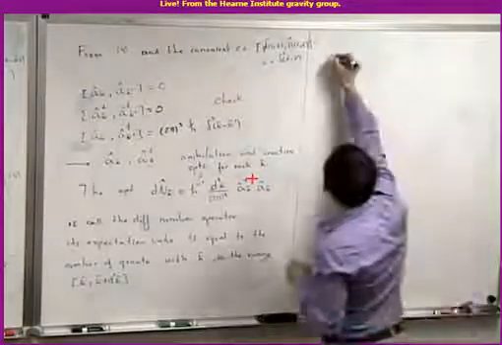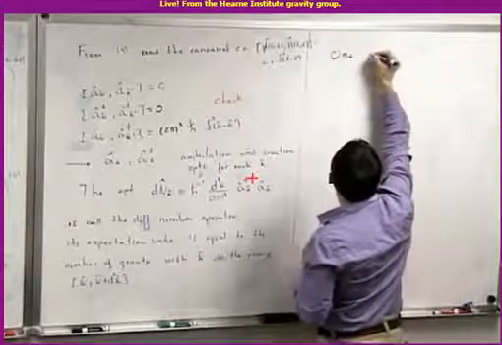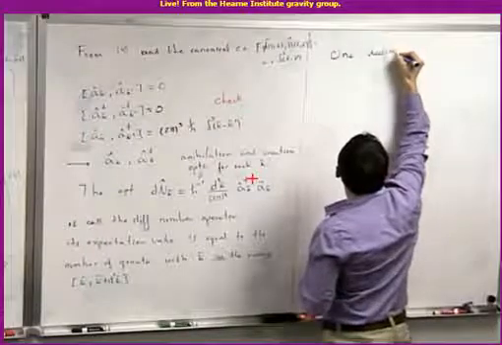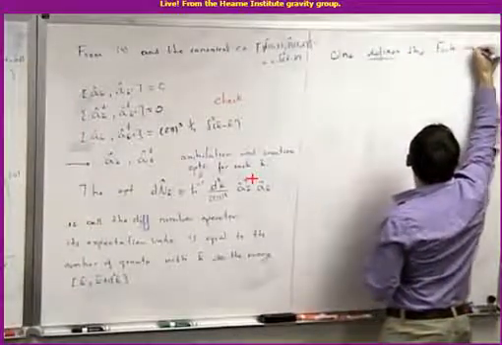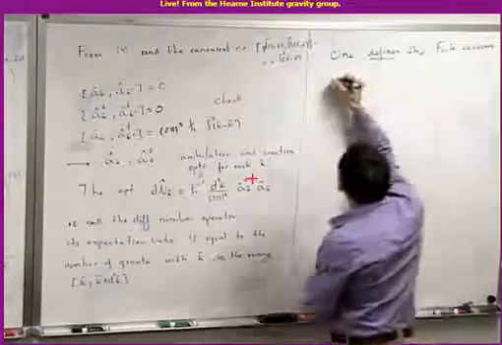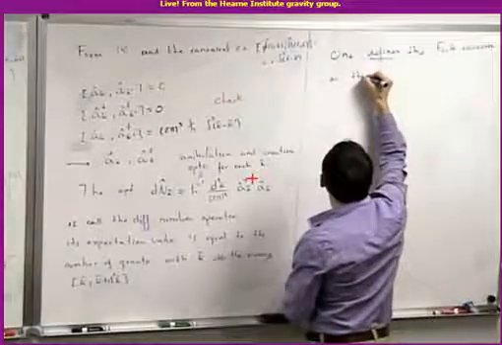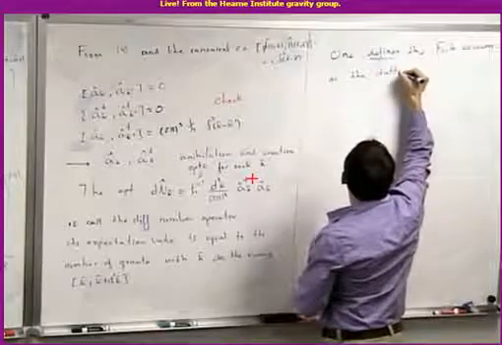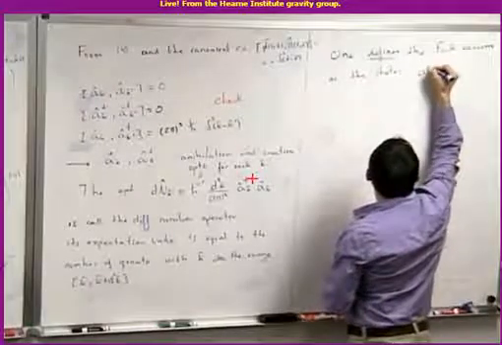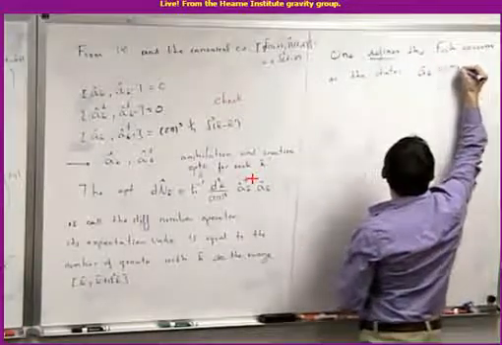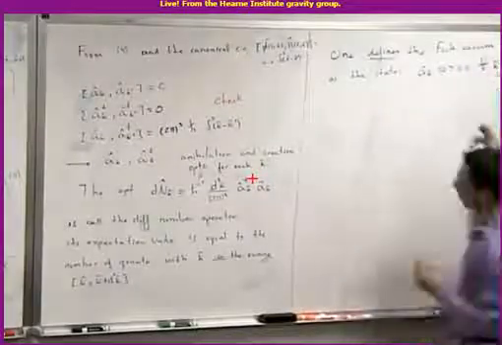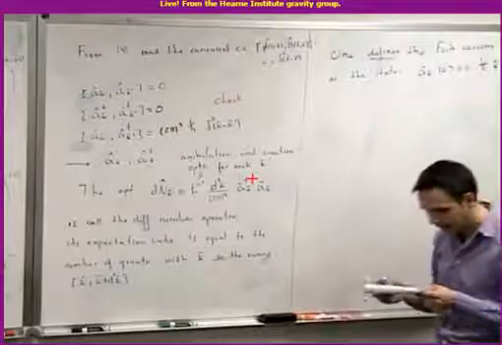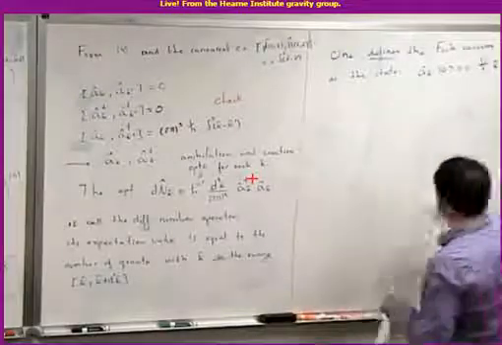Now, as you may expect, one defines the Fock vacuum, so the vacuum state, as the state that is annihilated by all the annihilation operators for all k. Take all the annihilation operators, the state which is annihilated, that is called the vacuum state.